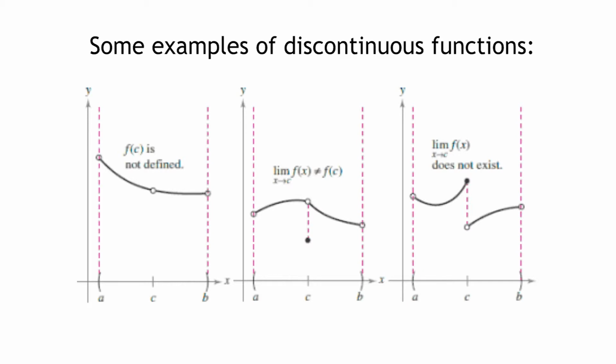In the second case, the graph in the middle, the limit value is not the same as the f(c) value, so the function is discontinuous by definition. Also, graphically, there is a hole in the f(x) curve, as in the first case. In the third graph on the right, there is a jump at x equals c, so the limit does not exist, and the function is not continuous.